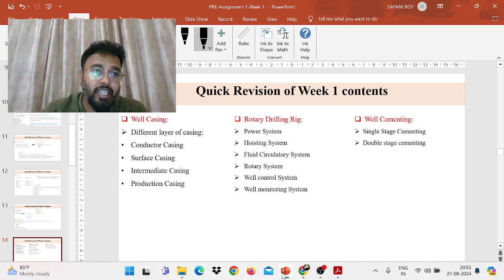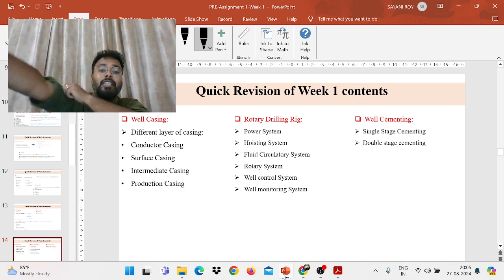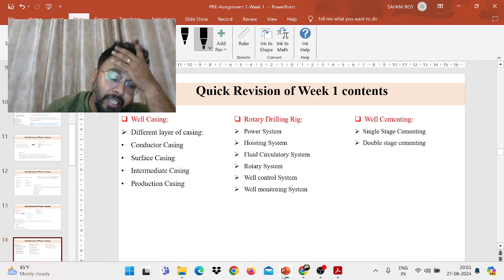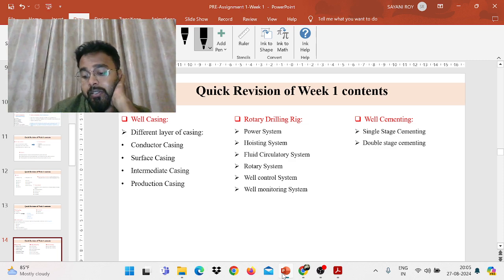After drilling a certain depth, we place the casings. These are hollow cylinder type materials with great length, and these are cemented with the soil or the surface present.